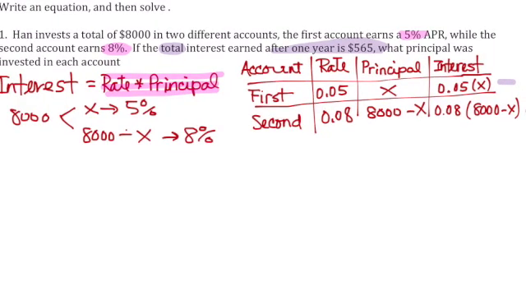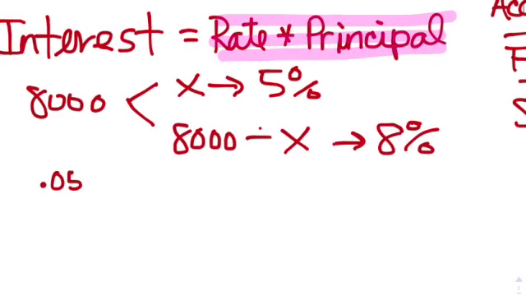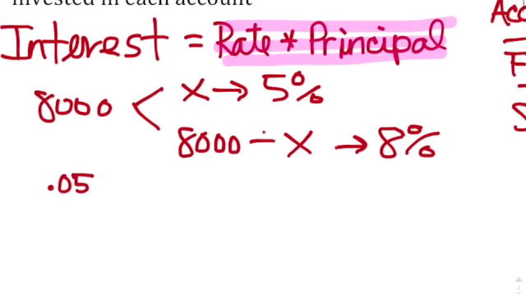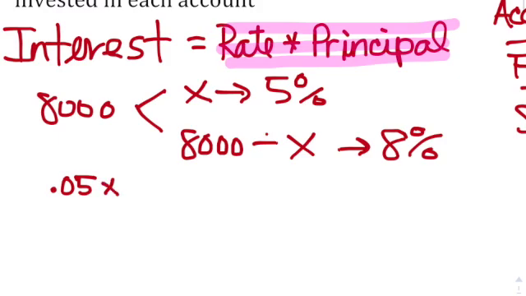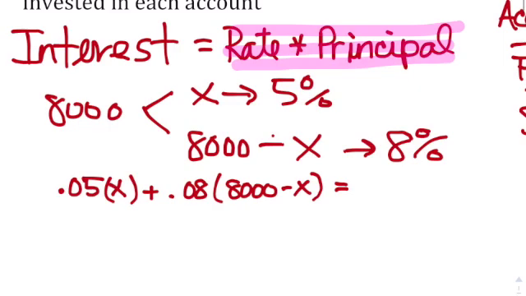So we're going to write it down like that. You have 0.05x plus 0.08 times the principal equals 565.